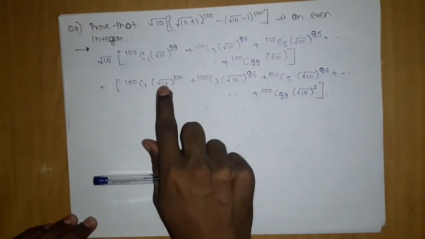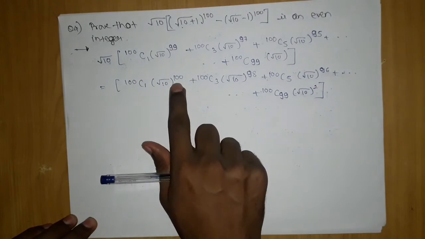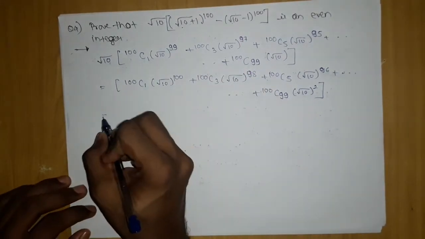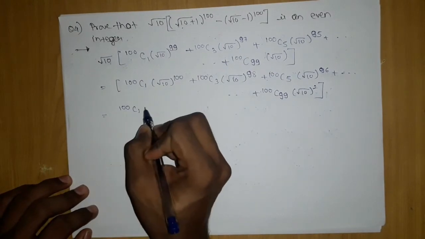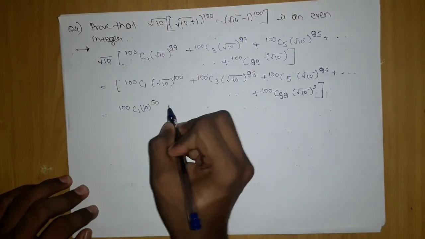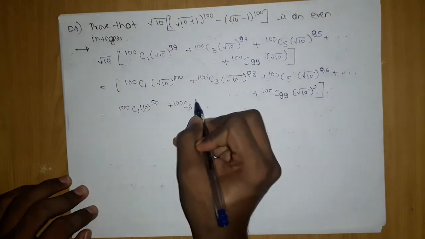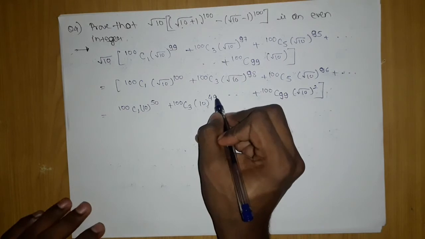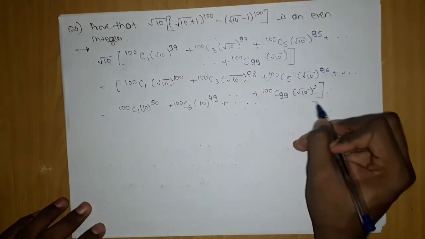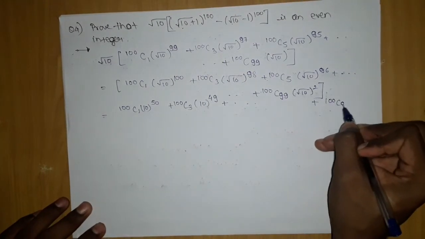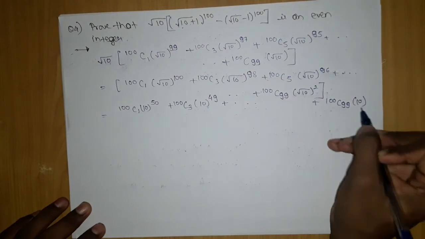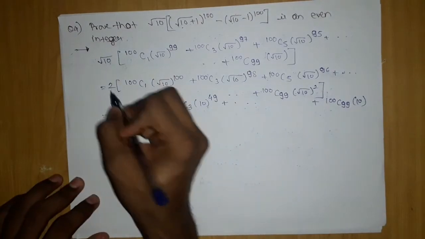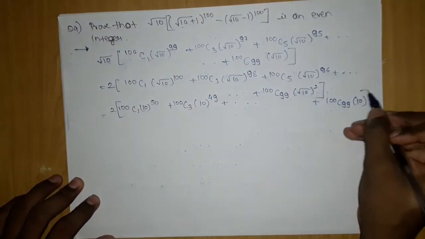Now what you can see here is that it is nothing but 10^(1/2), which will cancel out 100 and it will become 10^2. So we are left with 100C1 10^50, 100C3 10^49, and this will go on. What will be the last one? 100C99 10. So here you can clearly make out that 2 will be there, because all odd terms will add on.